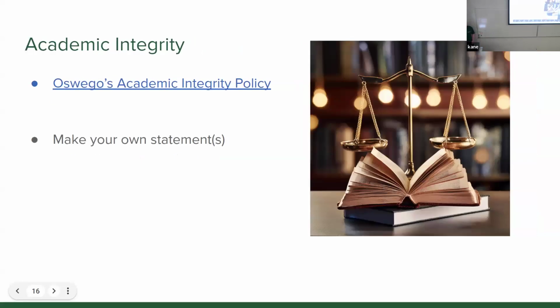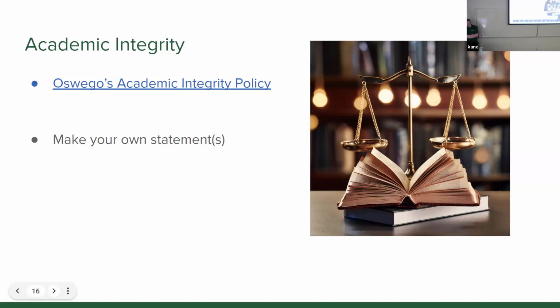Just real quick, unfortunately, anytime that we deal with assessments, we will have academic dishonesty issues. Oswego does have a very thorough academic integrity policy, but I would say it's almost too thorough in that it covers a lot of different circumstances.